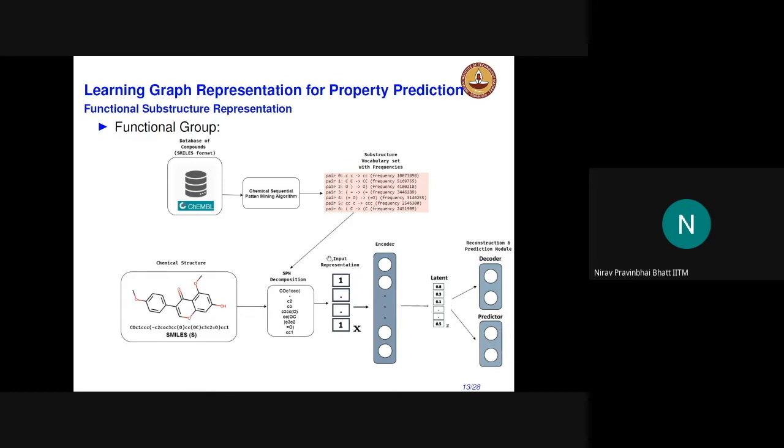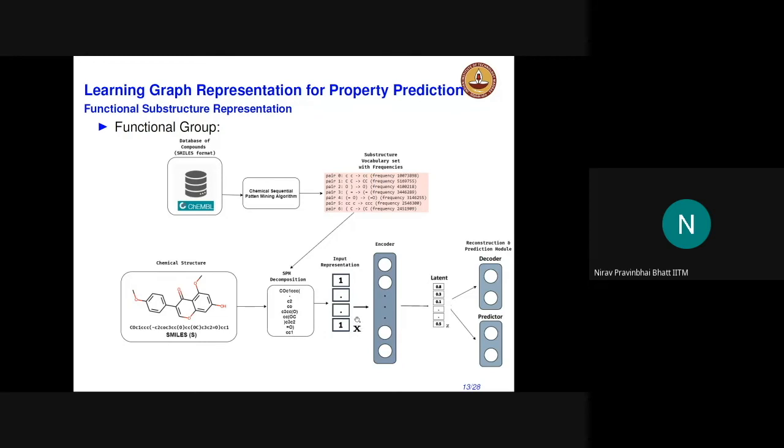At the end of the day, I have an input representation of my SMILES string, where the substructures present in that molecule are marked out of those 2500 substructures I have discovered, my vocabulary. If it's out of vocabulary, I do not consider it at all. And very few were out of vocabulary, only around a hundred or 200. The rest of the time, we found a molecule with a substructure and represented it as a 1 or 0. And this is what I get as my input representation.